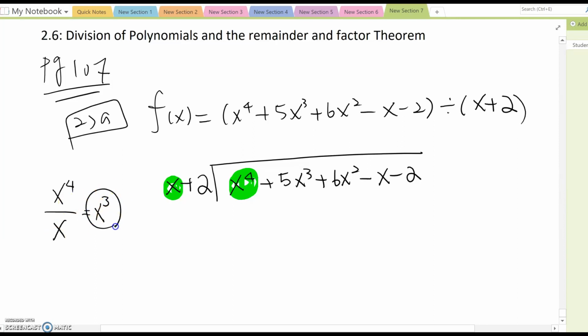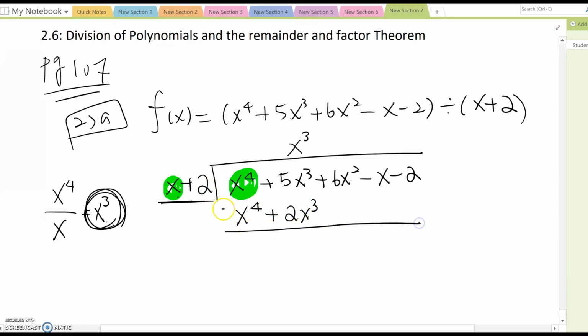Then you put x^3 on the top, in the quotient area. After that, you multiply this x^3 with the divisor. Then x times x^3 is x^4, and 2 times x^3 becomes plus 2x^3.